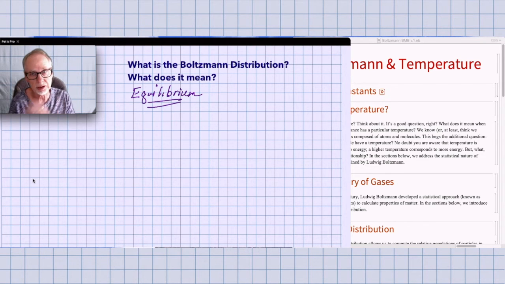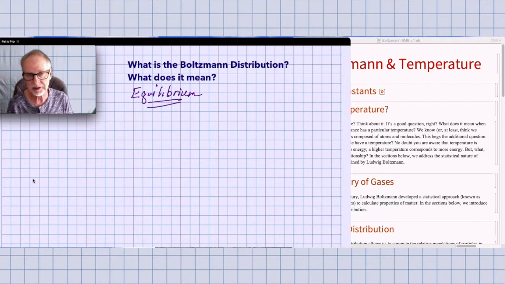And in fact, what you should know about temperature is that when we talk about temperatures of systems, those temperatures correspond to the assumption that the particles in a particular system are in equilibrium, and their energy distribution corresponds to an equilibrium energy distribution. So that's what we're talking about here. And the Boltzmann equation allows us to determine the relative number of particles in particular energy levels.